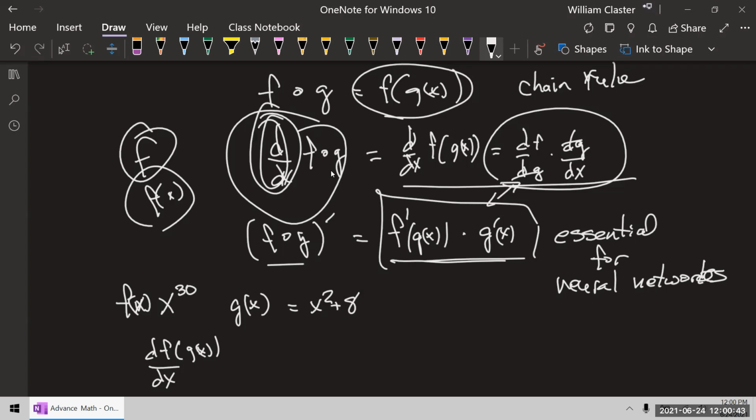Now, what I'm saying is I want to know the derivative of what? I want to know here, what is f of g? So the answer to that is what?